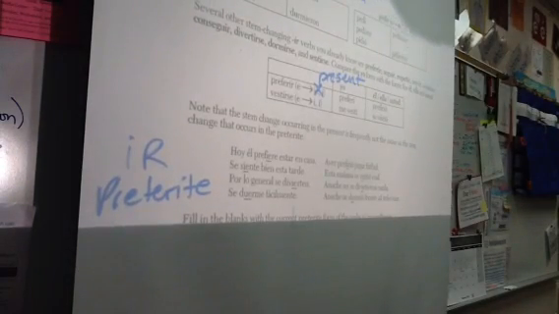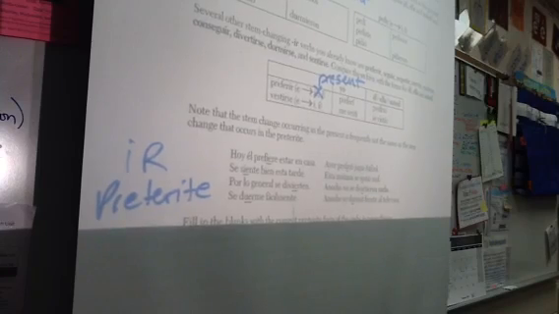So right here, I crossed out UE so that you don't confuse yourself. Know that you're talking about preterite. Always read your directions. It'll tell you which one to conjugate for. UE is not a change in the preterite, so I crossed it out because that's a present tense change. IE is not a change in the preterite, so I crossed it out. It's a present tense change. So if it helps to narrow it down, do it that way.